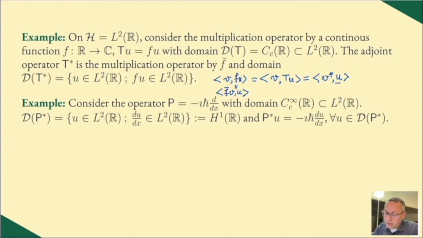This is fine. Then I have equality between this and this, and you see that the domain of T is dense, right? So I must have equality between v star and f complex conjugate times v. So this defines the action of T star.